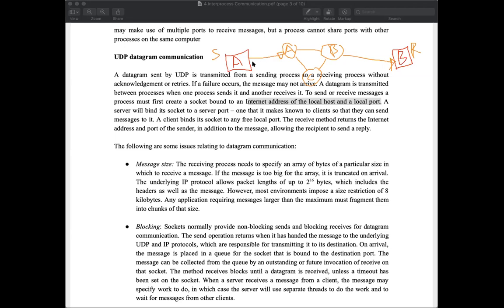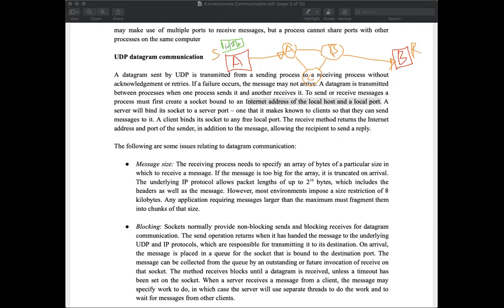Let us assume that we have a sequence of information that needs to pass from A: 1, 2, 3. These are the datagrams or messages that A needs to send to process B.